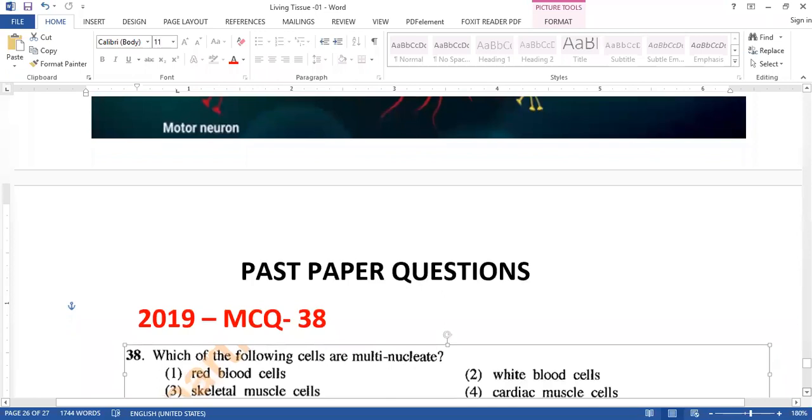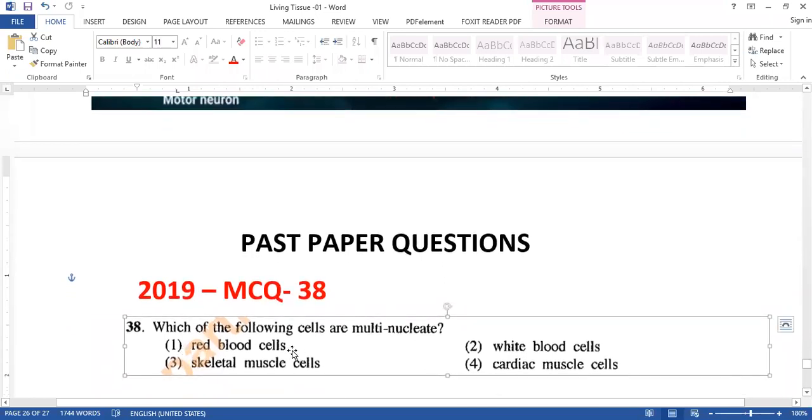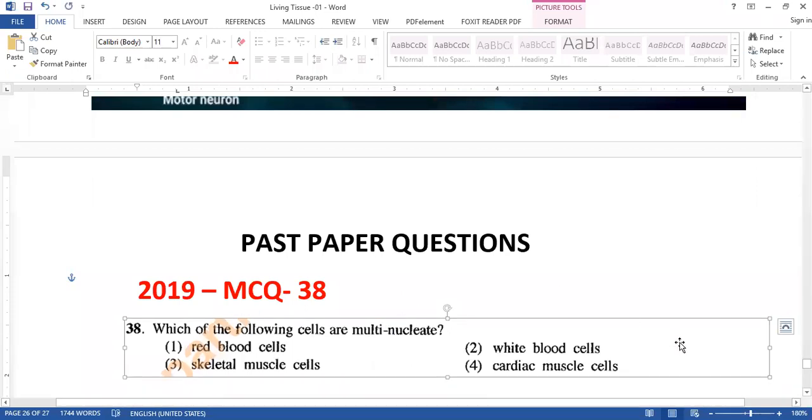The answer would be, the skeletal muscle cells contain a number of nuclei, which means multinucleated. If you want to start this question, you must know this first: what is multinucleated? It means in a cell, a number of nuclei would be present, right?